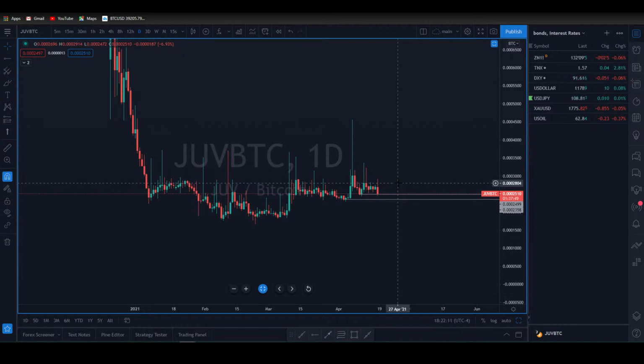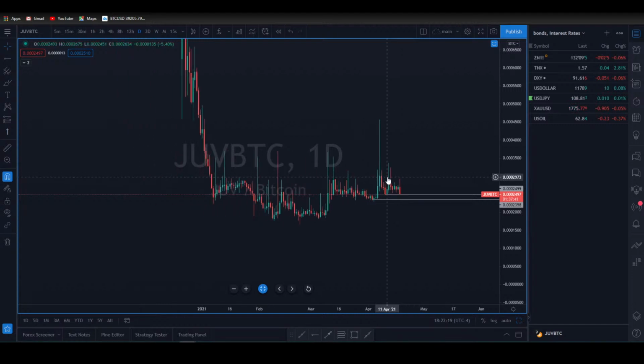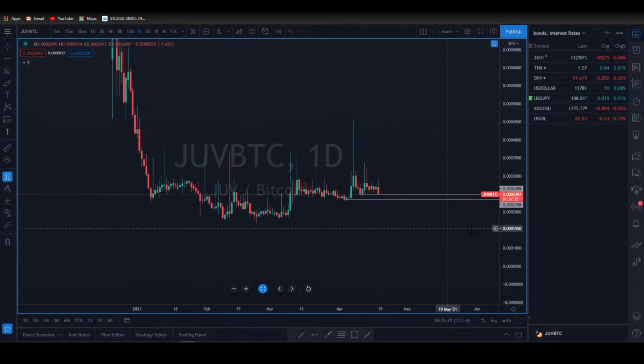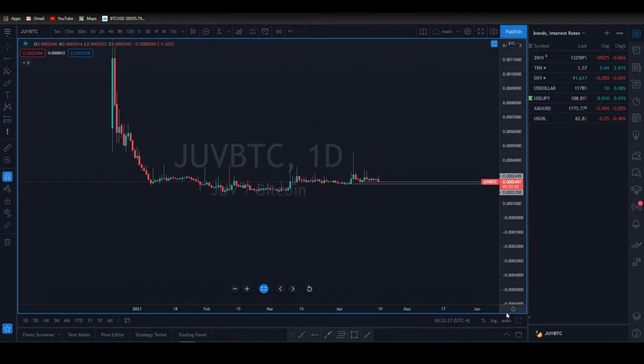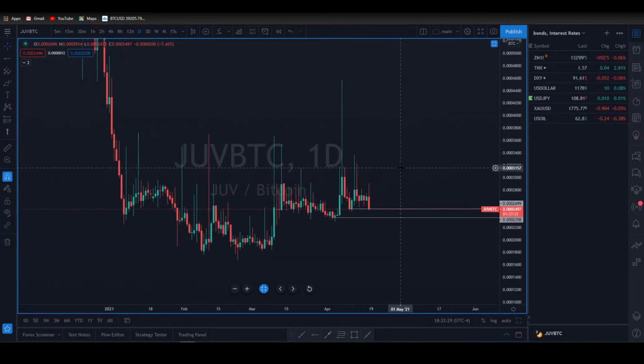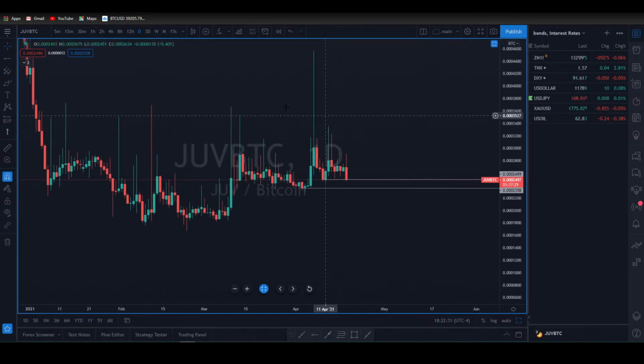Take as much money as you can afford to lose, that won't hurt you if you lose it, and put a little bit of money into it. You've got a nice rounded bottom down here. Will it go up? I don't know, but it's cheap enough now, that's for sure. There's not much to be done on that, because it gets beat up every time it gets above 3,000 Satoshis.